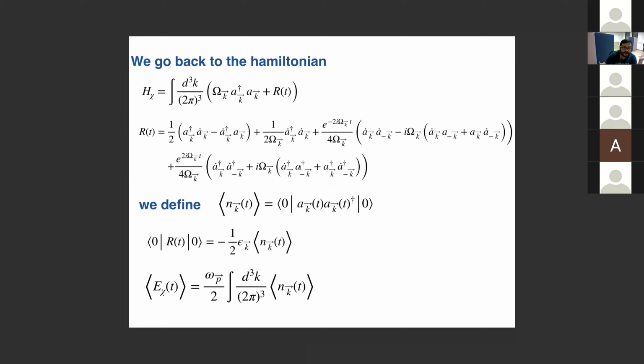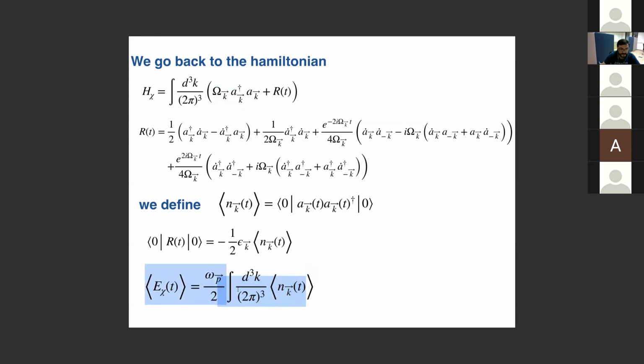Then what happened with the energy conservation? We go to the Hamiltonian I wrote before, and if we compute the energy of the produced particles while they are produced, we find that this R is given by this. Then we have like a shift, and this R contributes to this other term, and one can find that the average energy is given by this.